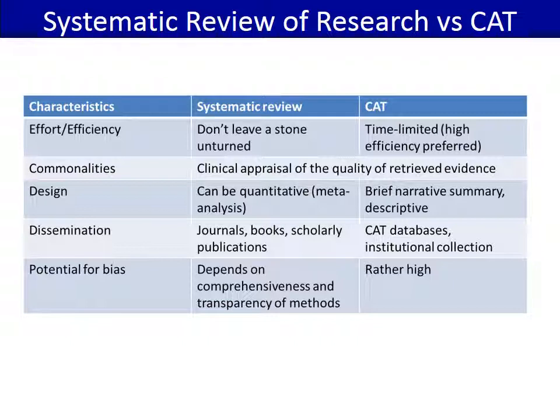Systematic reviews are found in journals, books, scholarly publications, as I mentioned before, on websites like the Cochrane Collaboration library website, whereas CATs may be in an institutional collection or in a database available on the internet. In terms of potential for bias, it depends. Systematic reviews are usually so comprehensive they weigh all the evidence, but CATs have a tendency potentially to have bias injected into them.